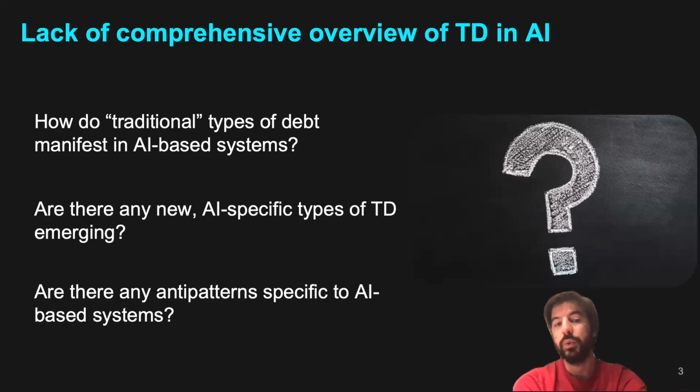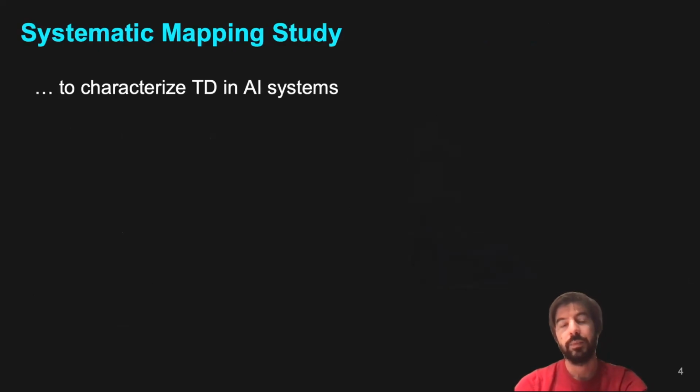Are there any new AI-specific types of technical debt in such systems? Or are there any antipatterns that we can associate to these technical debt types? However, we could not find a comprehensive overview of technical debt in AI, and hence we decided to perform a systematic mapping study to provide such an overview and characterize technical debt in AI systems.